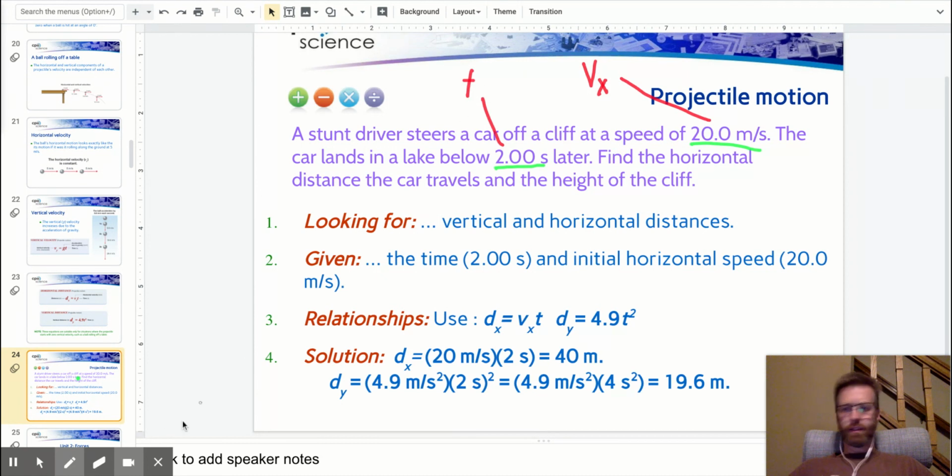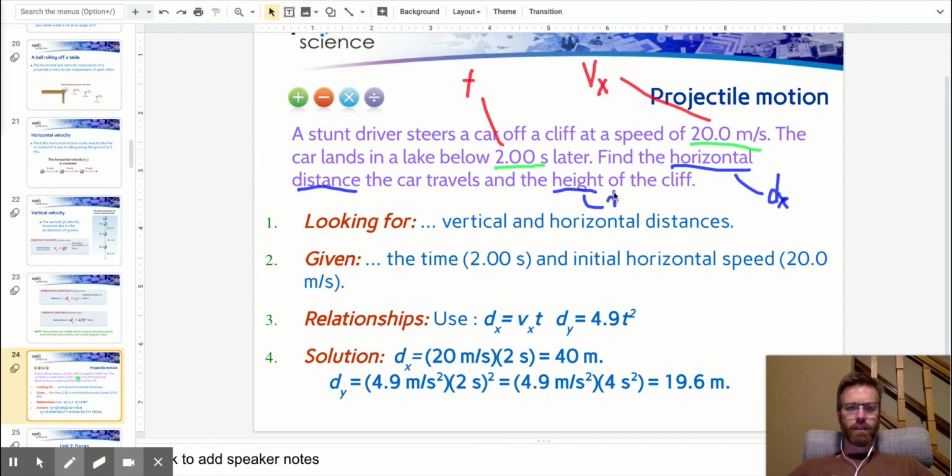And then let's look at what we're trying to find in this problem. Find the horizontal distance, that's one of the things we're trying to find, and the height of the cliff, that's the other. Well, horizontal distance is what we call dx in those equations we just played with, and height is dy.